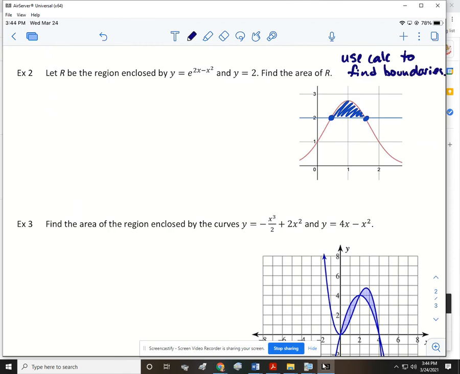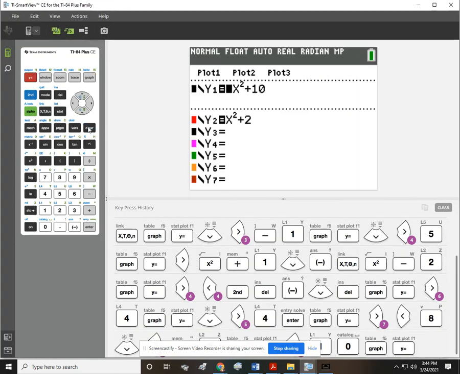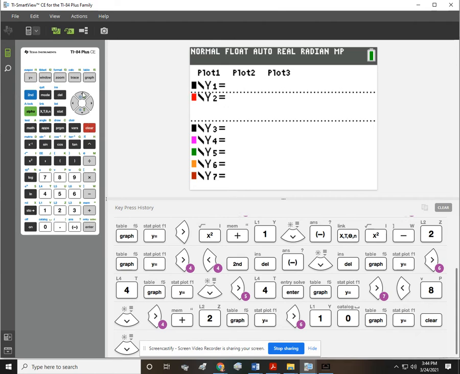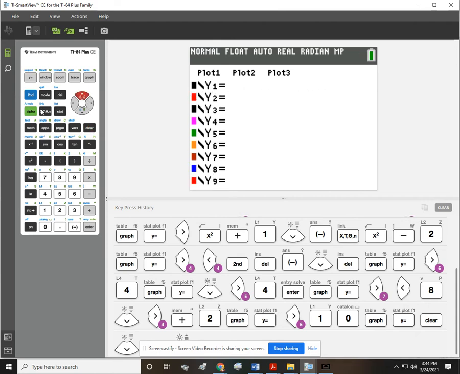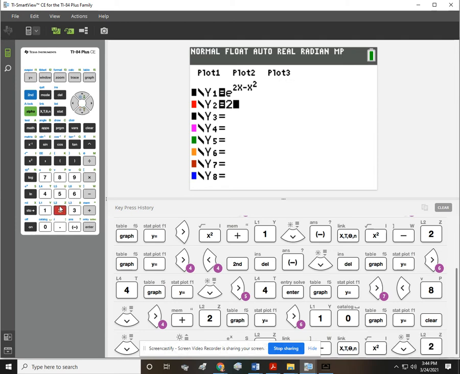All right, so let's see what we got going on. All right, so I'll just put that first one in for y1 and the second one in for y2.